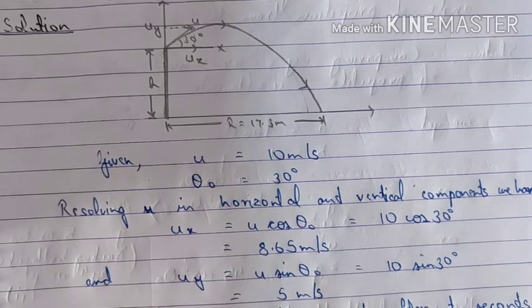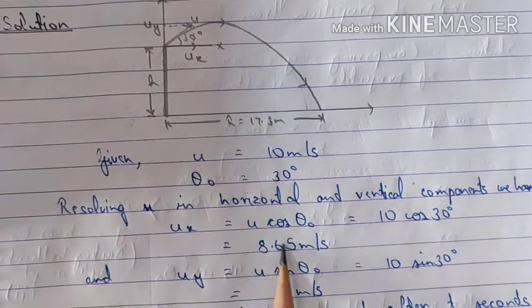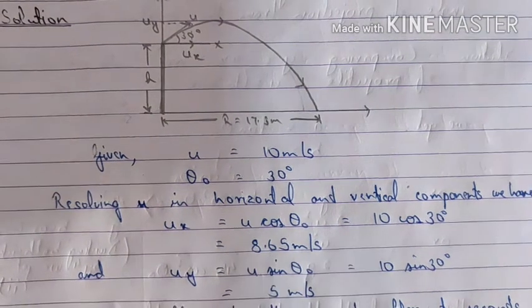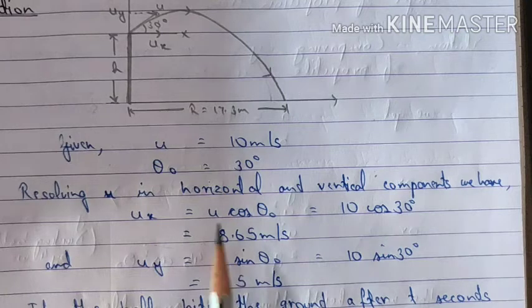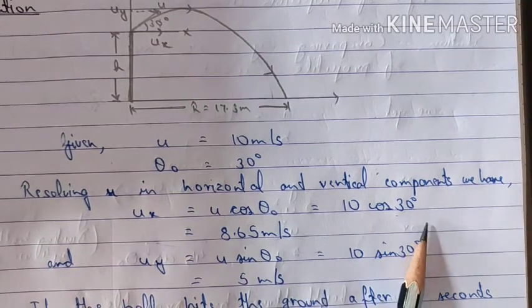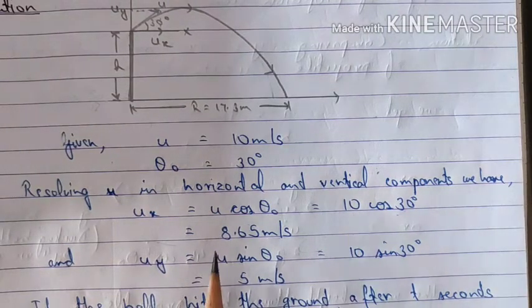On calculating, I first calculated the horizontal component, so ux is equal to u cos θ₀, which is equal to 10 cos 30 degrees. Since the value of u is given in the question as 10 meters per second and θ₀ is equal to 30 degrees, we get this value. Putting the value of cos 30 degrees and multiplying it by 10, we get 8.65 meters per second.